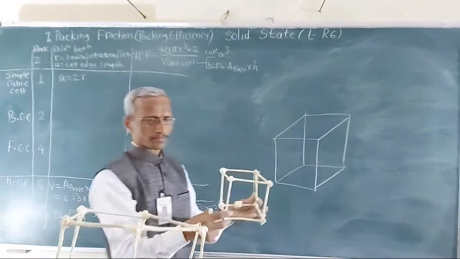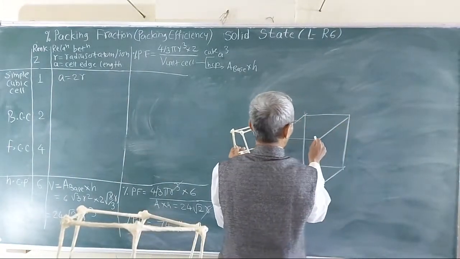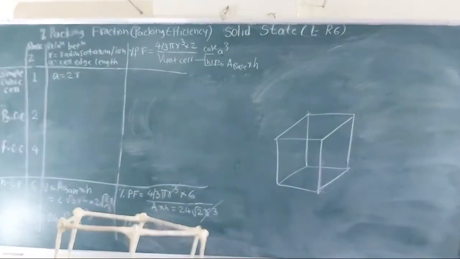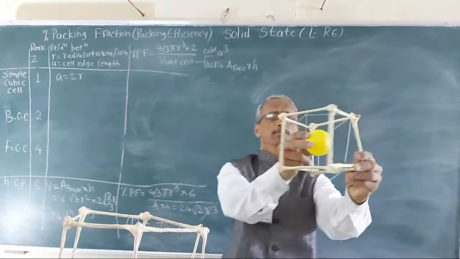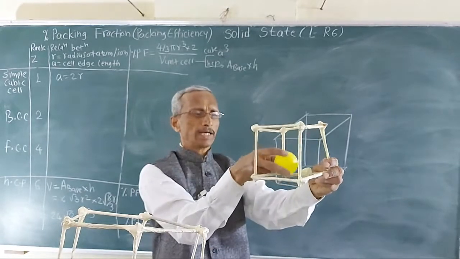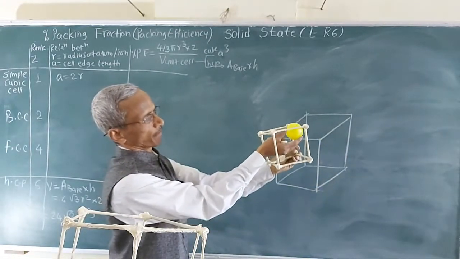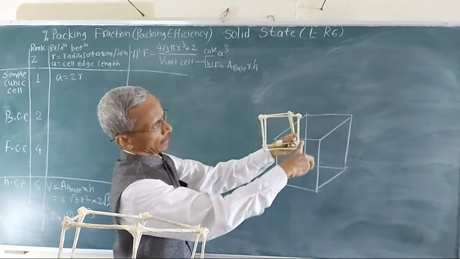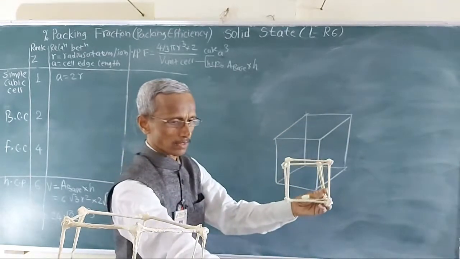Now if you consider the BCC, at the center of this body, here is one and here is one. So this is a right angle triangle, and again this is a right angle triangle.